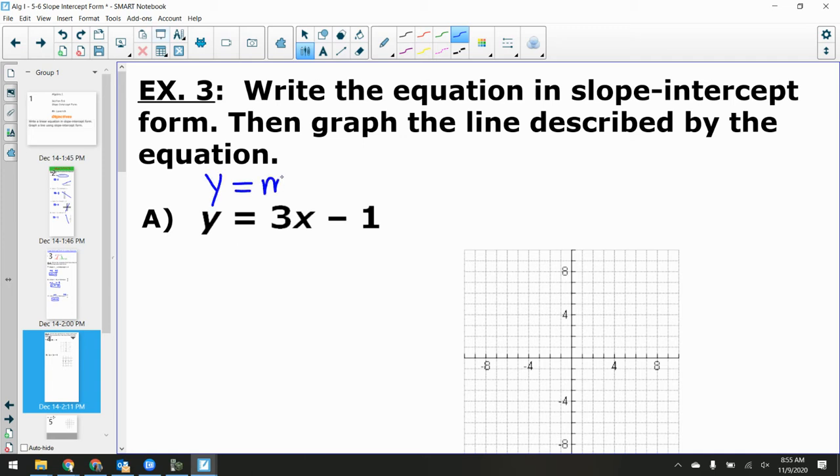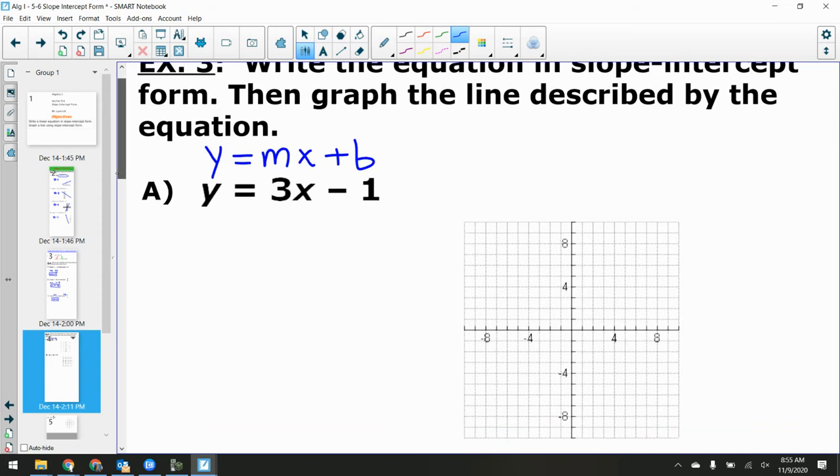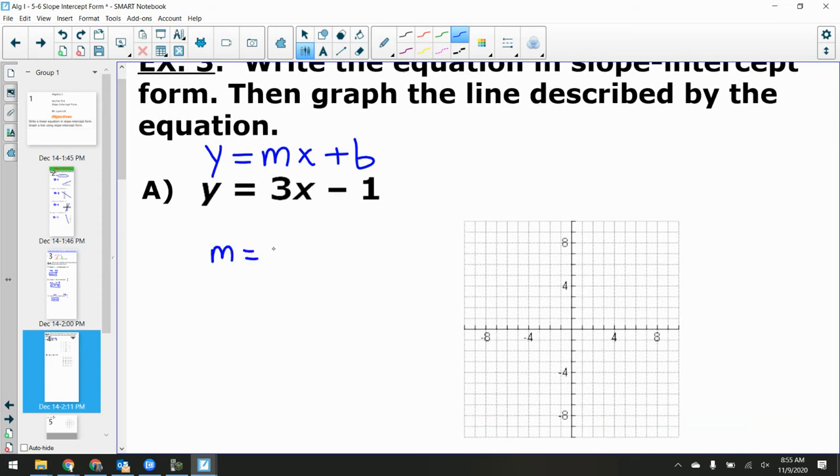Y is equal to mx plus b. Okay, so my m value is 3. What's my b value? -1. Be careful with that. Don't just say 1. It's -1, right? If it's a minus, the y-intercept is actually a negative.